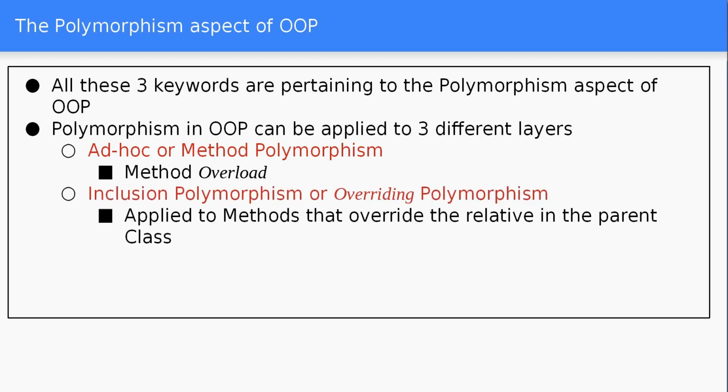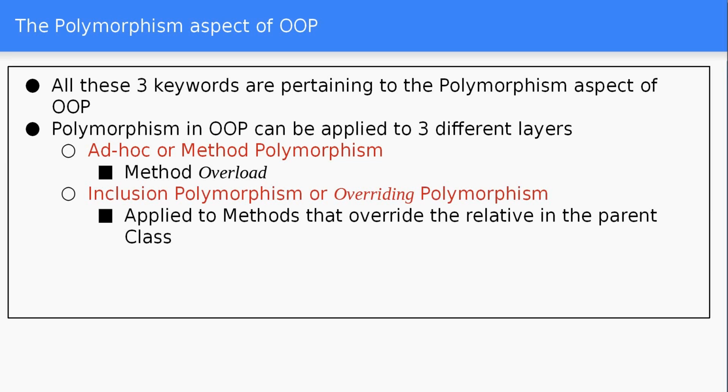Then we have another type of polymorphism, which is inclusion polymorphism, and this is the overriding polymorphism. This is applied to methods that override the relative method in the parent class.